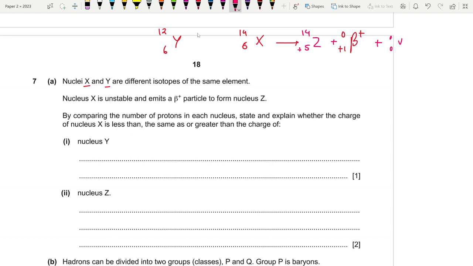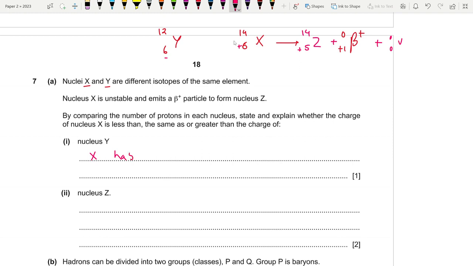So let's compare things now. By comparing the number of protons in each nucleus, state and explain whether the charge of nucleus X is less than, the same as, or greater than the charge of nucleus Y. So X has a charge of +6. So compared to Z, it has greater charge, right? And compared to Y, it basically still has the same number, right?